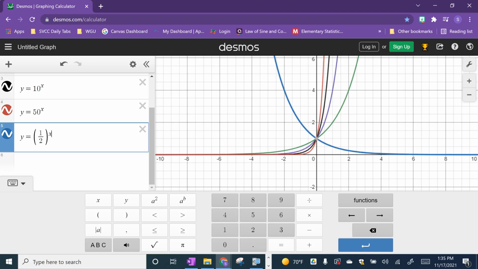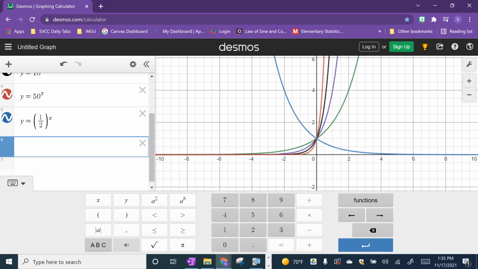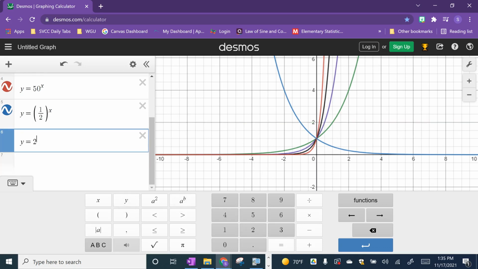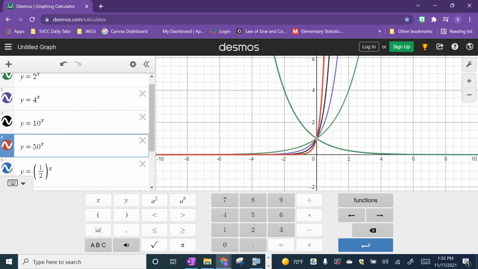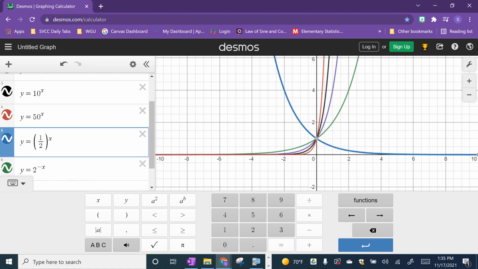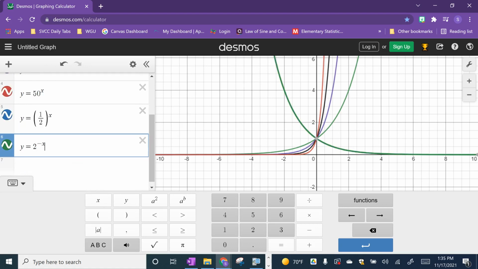It also could be represented by, and we talked about this a lot in class, y equals 2 raised to the negative x power. So these two graphs, 1/2 to the x and 2 to the negative x, are the same thing, because it's just two different ways to write the same thing.